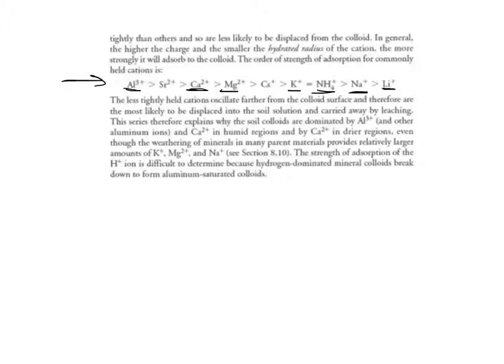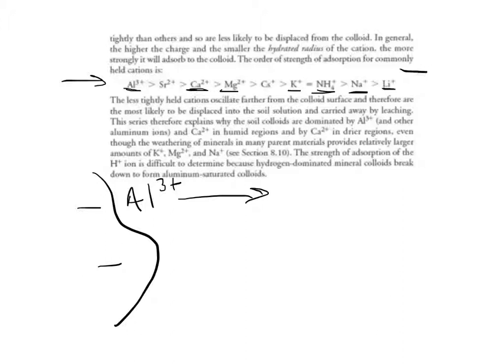So if we had a surface, let's say, of clay or a colloid, and you had aluminum on that surface, and we wanted to get that aluminum off, and we could only use, let's limit ourselves to these here, you couldn't just take calcium, obviously, because it's less tightly held.